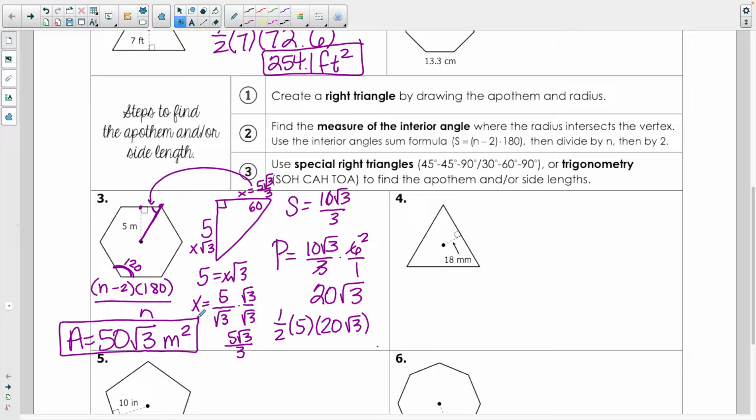Okay. Let's try another one. Let's do number 4. What shape is number 4? A triangle. It's an equilateral triangle. So the apothem is 18. So we're looking for the perimeter, so we need the side length. So step 1, draw this down like that.